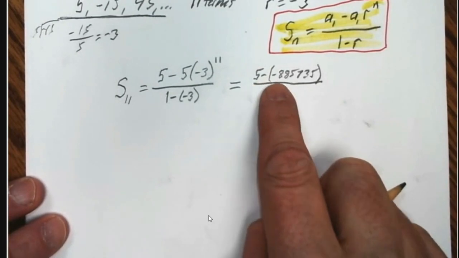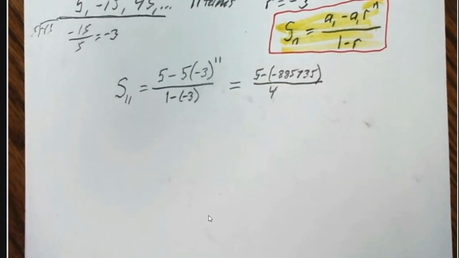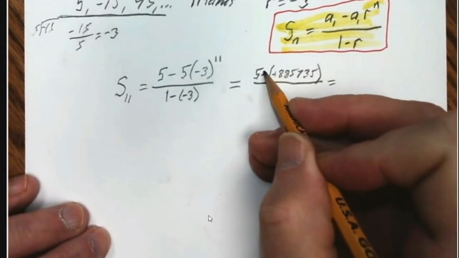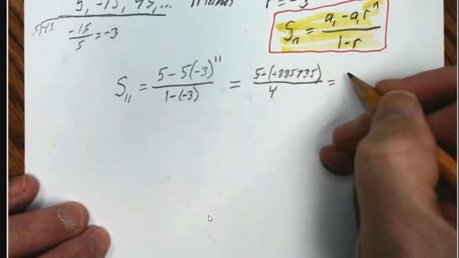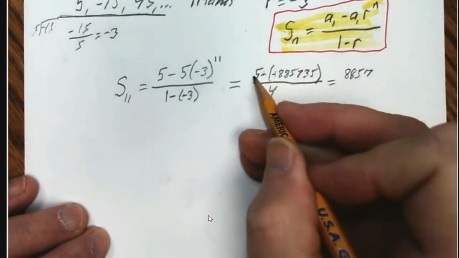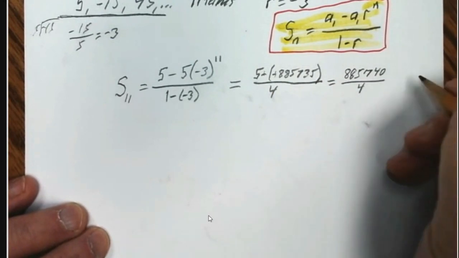5 minus that. Okay, again, we're subtracting a negative, which means we're just going to add these together. So if we add those and subtract a negative, it's 885,740. 5 plus 885,735 is 885,740. Divided by 4.